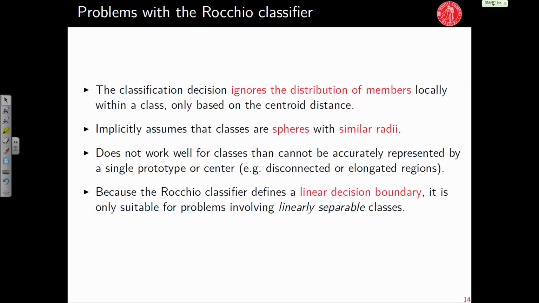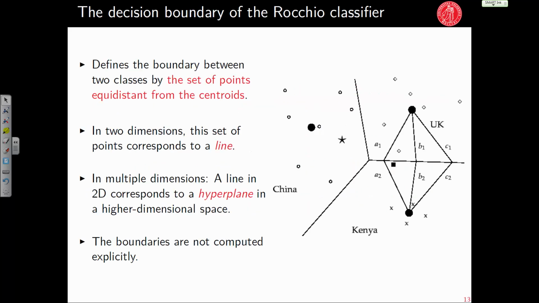And then the last thing, which is also very important and sort of a core definition of the Rocchio algorithm, is that it's an algorithm that works on linearly separable data, or linearly separable classes. If we look again at this example here, it is possible to draw a line that separates the points that belong to the UK class from the points that belong to the Kenya class.